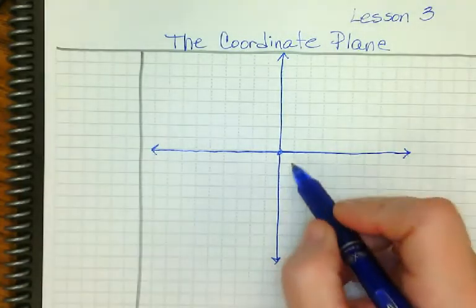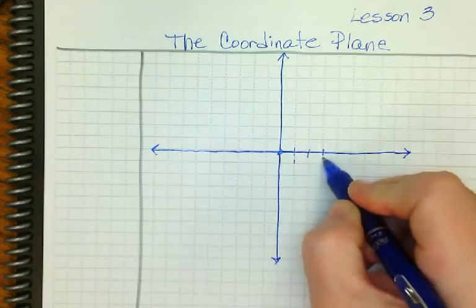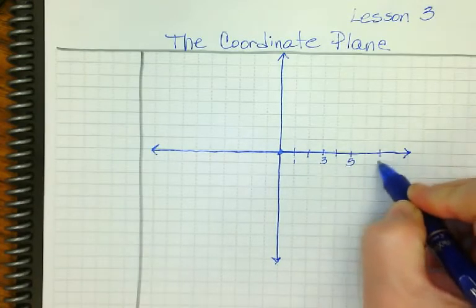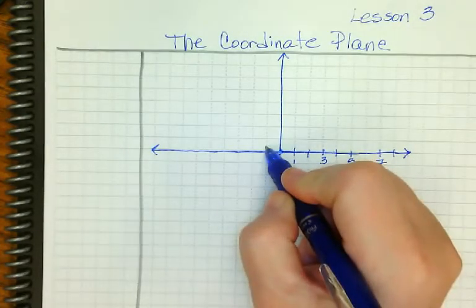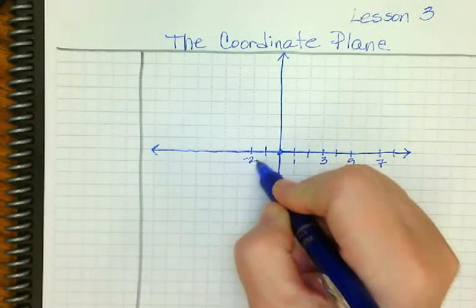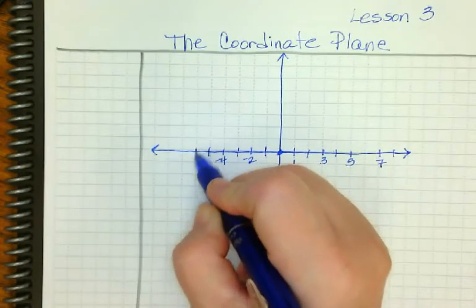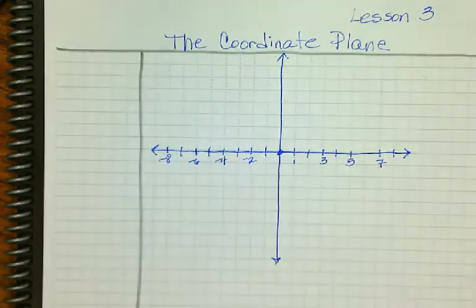And we know that this side is our positive, so 1, 2, 3, 4, 5, 6, 7, 8, and so on. And this side's our negative. Negative 1, negative 2, negative 3, negative 4, negative 5, negative 6, negative 7, negative 8, and so on.